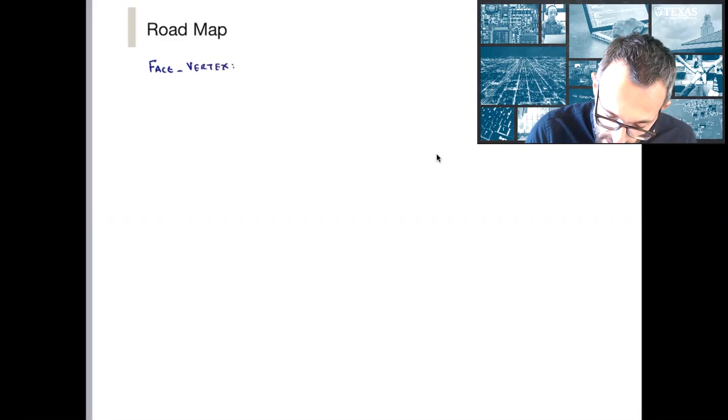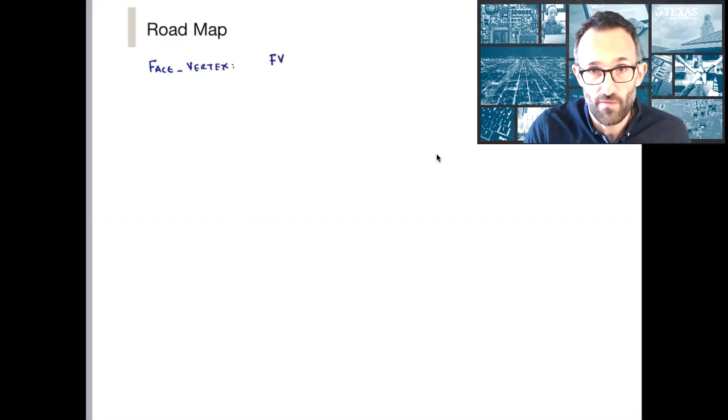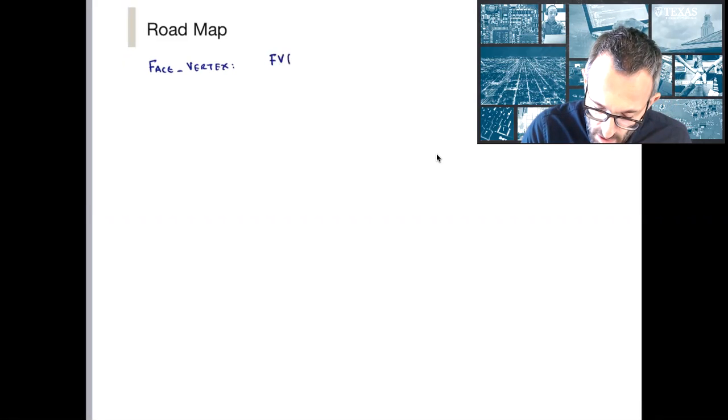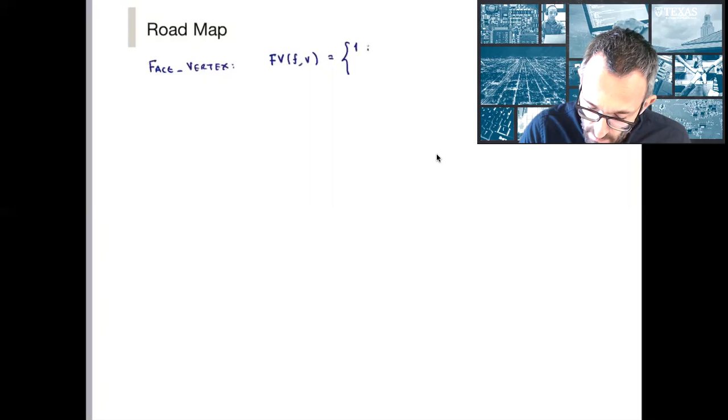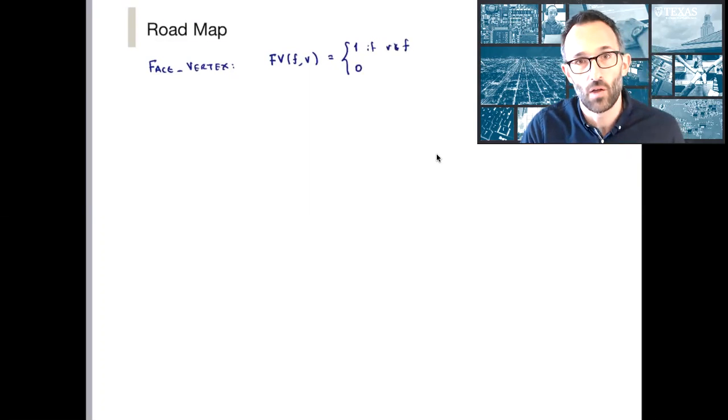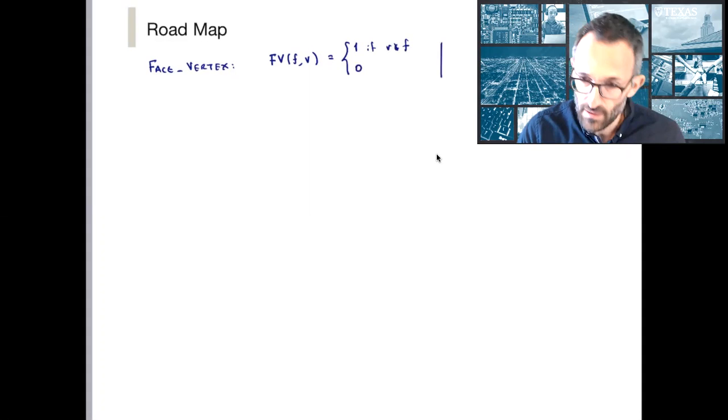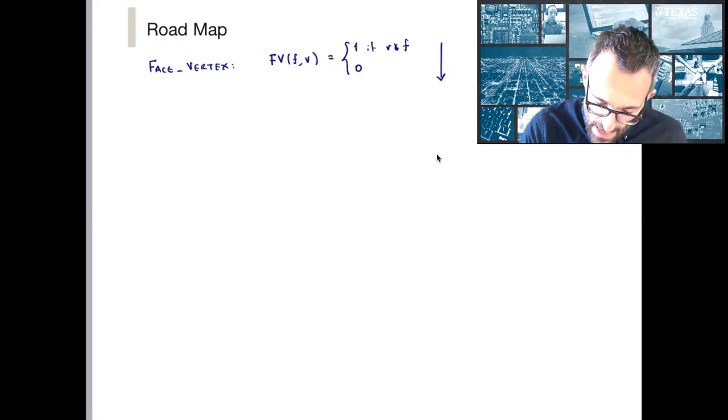Namely, that means that they want to evaluate this face vertex function, which takes a face and a vertex and outputs 1 if the vertex is not in F, and 0 otherwise. And note that this is entirely given by the slack matrix.